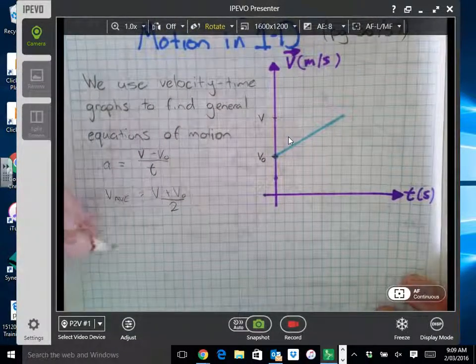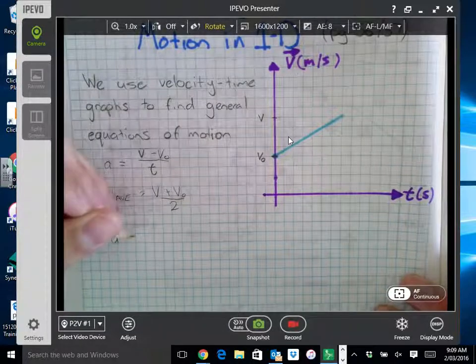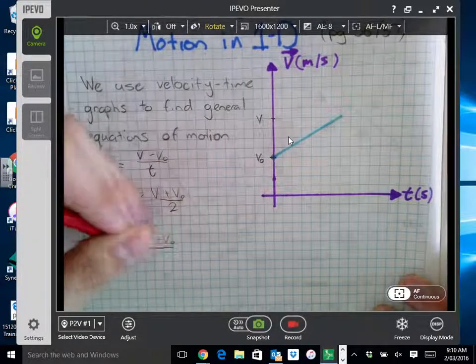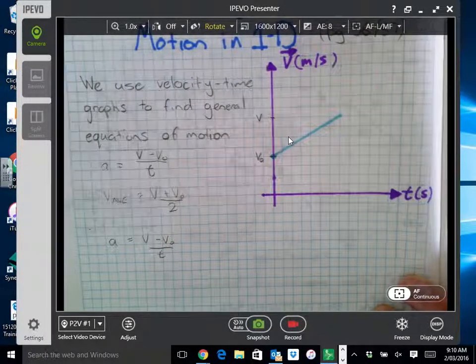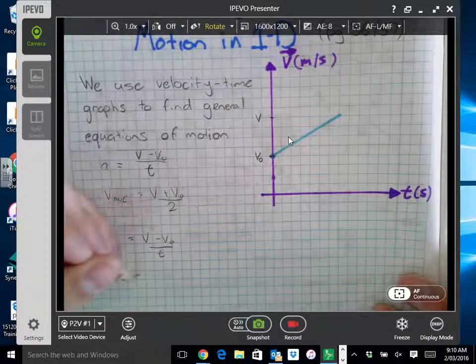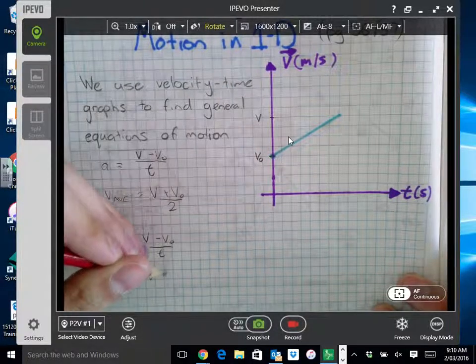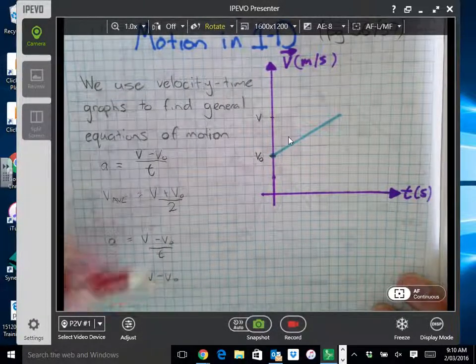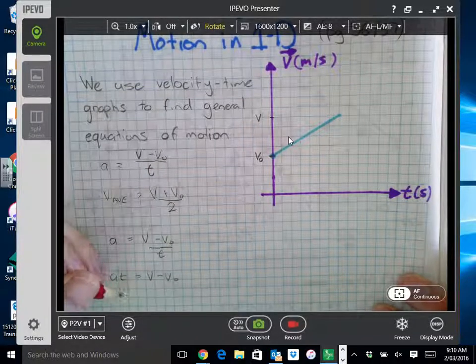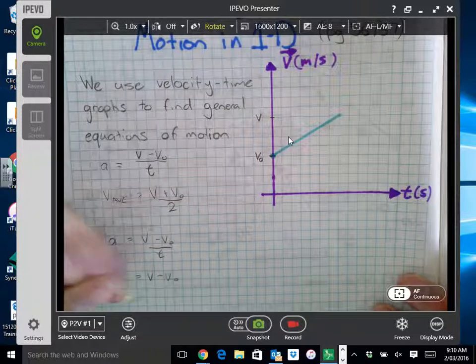So the first thing we wrote was acceleration equals final velocity minus initial velocity over time. If we rearrange that, we're going to multiply the time across, so AT equals V, take V naught. And we're going to take that vector across the other side. What you also notice is I've actually dropped the vector signs from these.